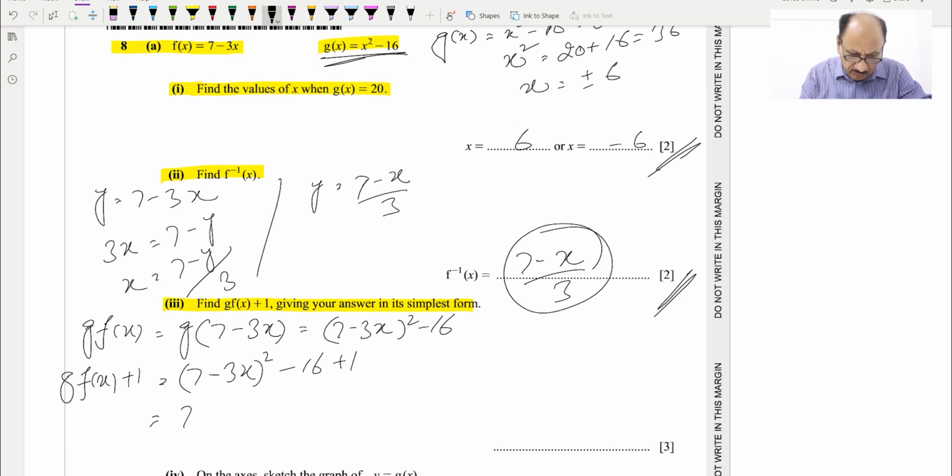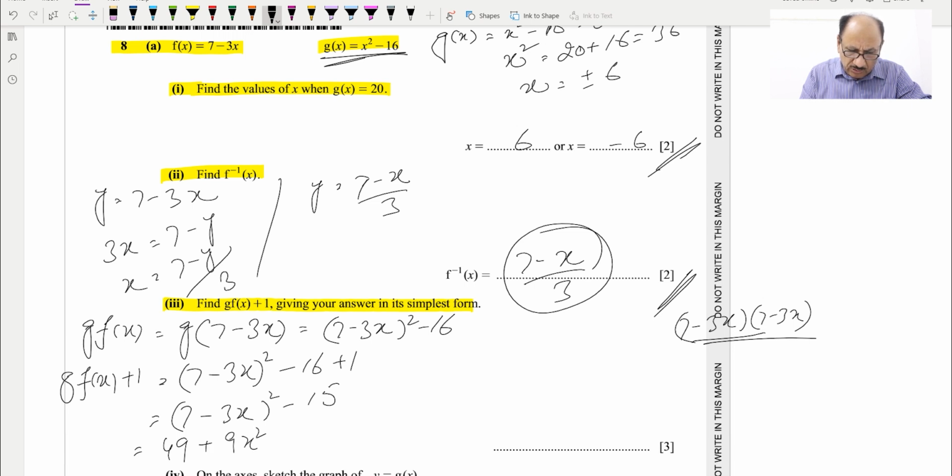So we can write 7 minus 3x square minus 15, and next step we can just open this bracket, so a minus b square, or you can multiply 7 minus 3x into 7 minus 3x, and you will get this one. 7 a square will be 49, and plus b square will be 9x square, minus 2ab will be 6 into 7 will be 42, so minus 42x and minus 15.